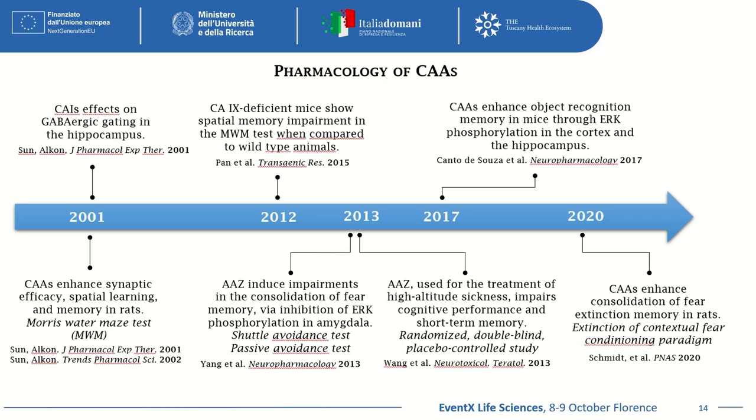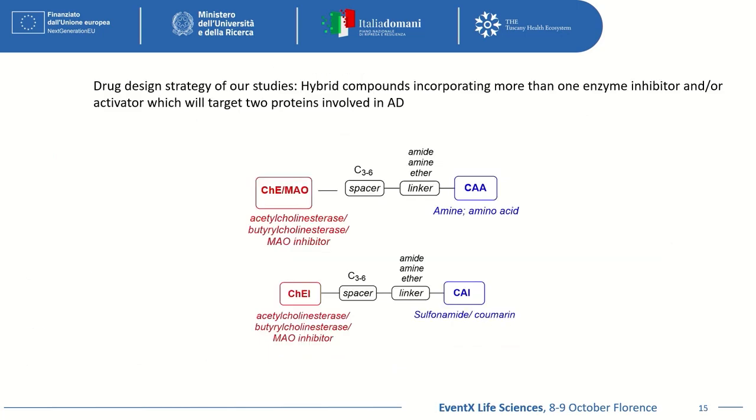And we also found how this occurs through the activation of a kinase, more precisely the ERK kinase, in the cortex and hippocampus of these animals. Later, we also showed with the same group and the group from Brazil that the activators are enhancing the consolidation of the fear extinction memory, which may lead to interesting opportunities for the pharmacological treatment of diseases for which there is not an appropriate treatment.